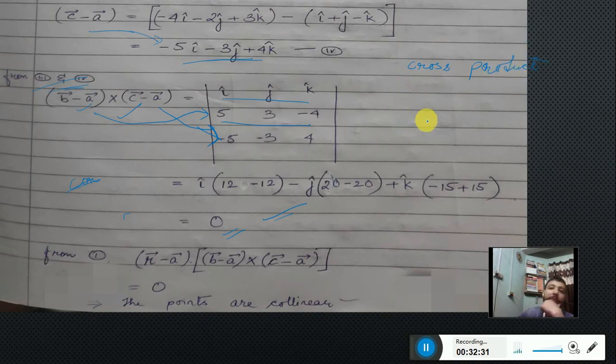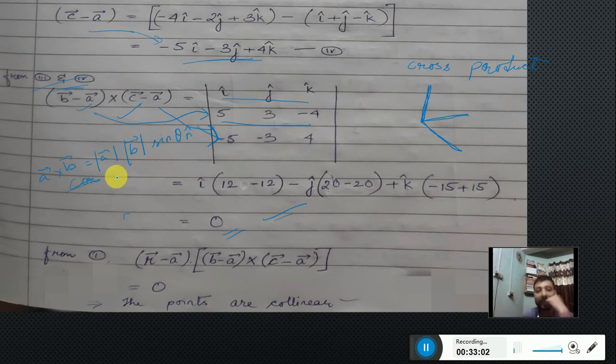When the cross product is 0, tell me. If two vectors are given to you, obviously they are not zero vectors, right? How do we write the cross product? A cross B vector is written as |A||B| sin theta n cap.